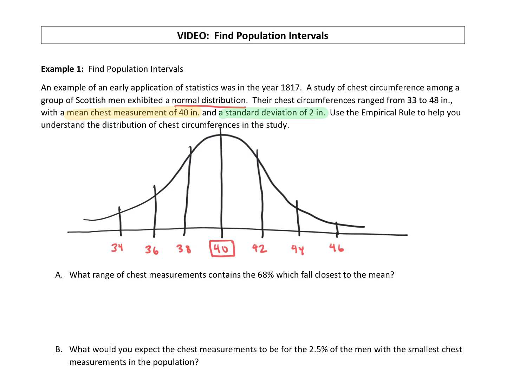All right, what range of chest measurements contains the 68% which fall closest to the mean? So we want the middle 68%, and we just learned in the learning target and vocab video that the middle 68% is going to fall within 1 standard deviation of the mean. So let's just make a note.